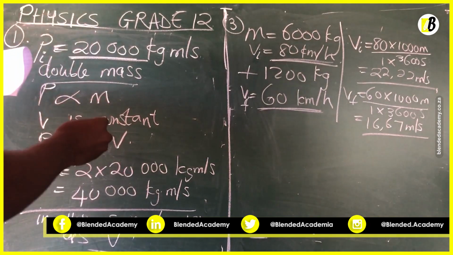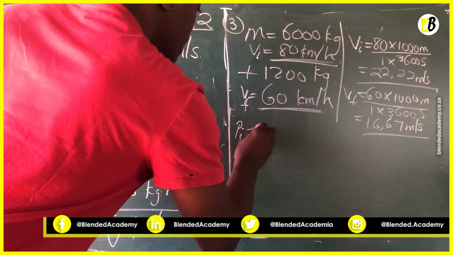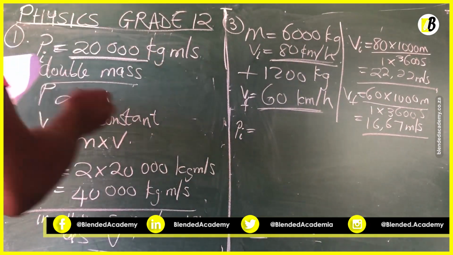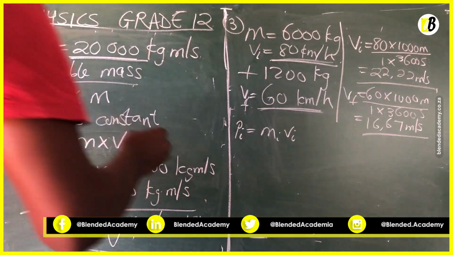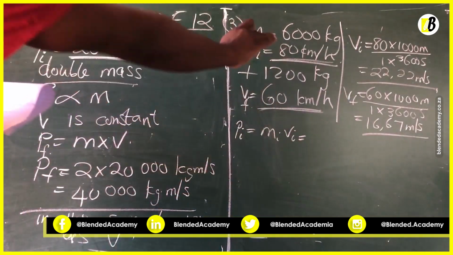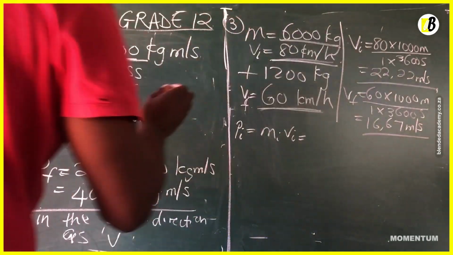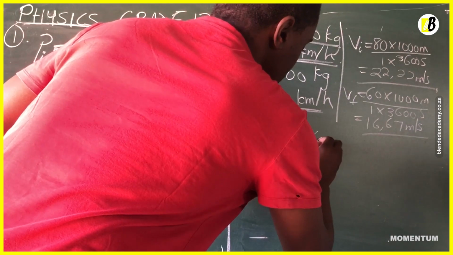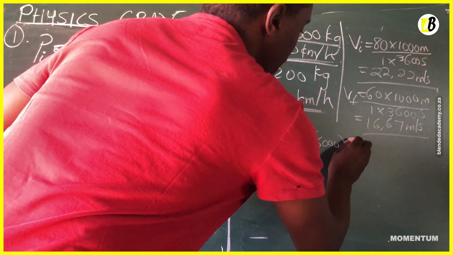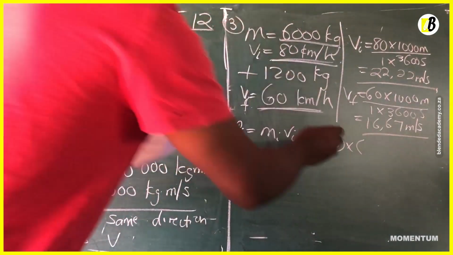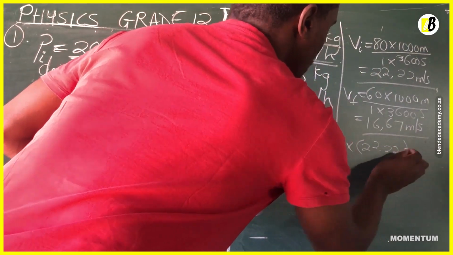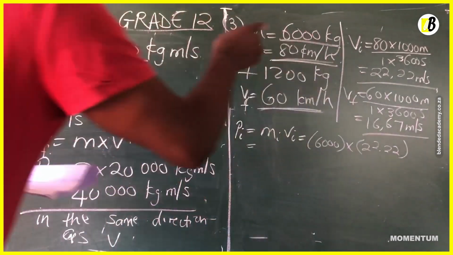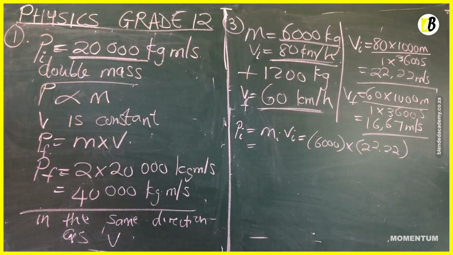So we've converted our velocities to the SI unit. Now let's find the first momentum, the momentum before loading the truck with a certain object. It's going to be initial mass times initial velocity. The first mass is 6,000 before loading the truck, so 6,000 multiplied by the velocity, which is 22.22. You need to remember to use the converted velocity in the SI unit.